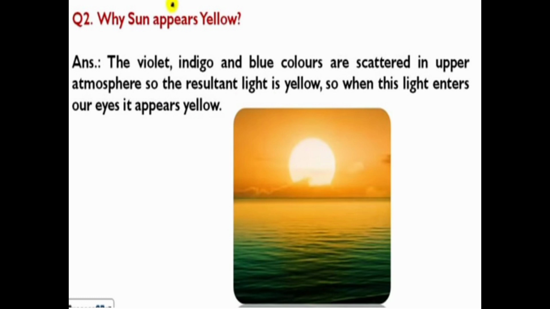So when this light enters our eyes, it appears yellow, because in the upper layers of the atmosphere, violet, indigo and blue colors are already scattered. Until it reaches the lower atmosphere, we get the yellow color. Yellow color reaches our eye. I hope that I am clear with this question.